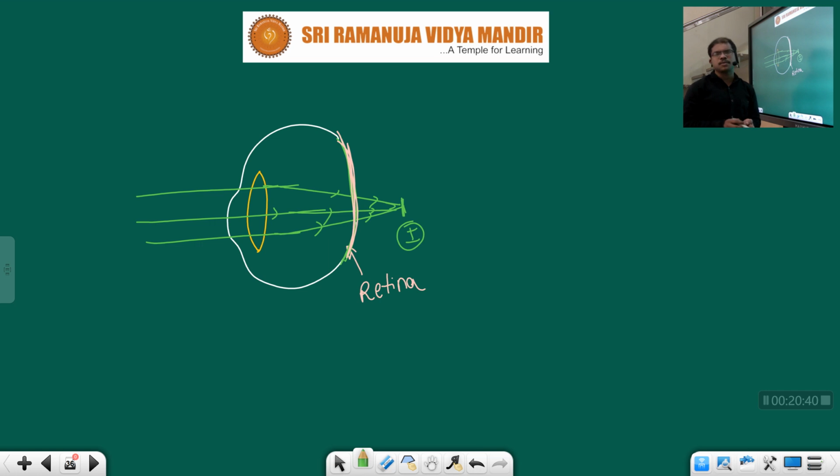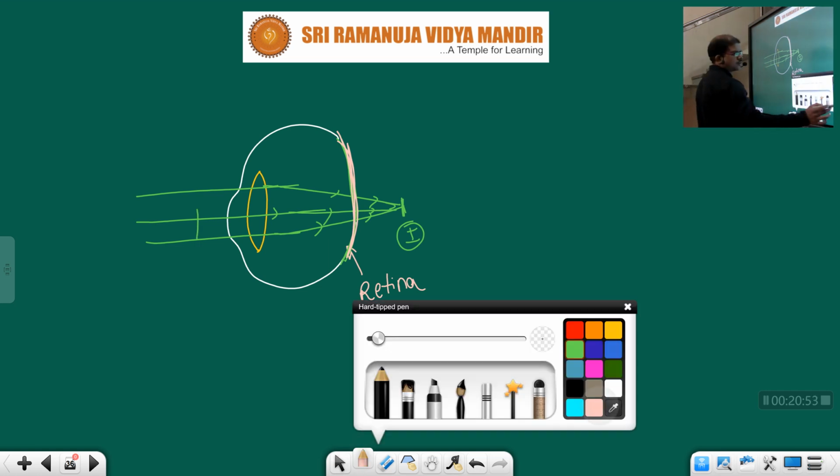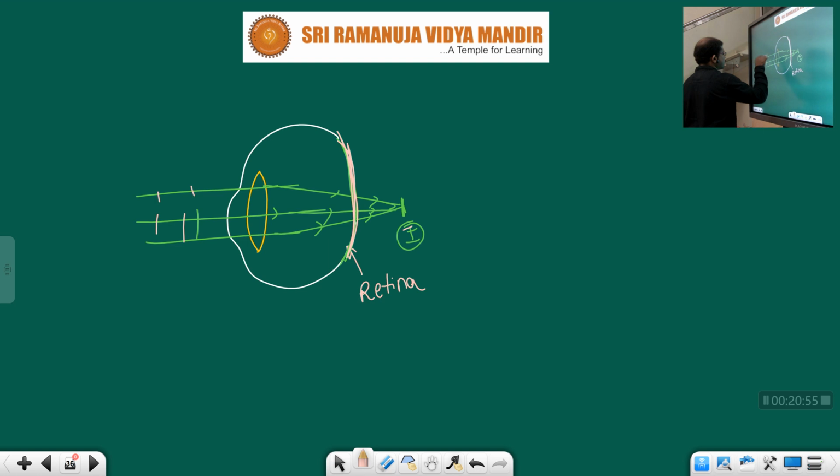So it can't be captured by the retina. So due to this condition, objects which are near to us appear blur. If the objects were kept somewhere here, how will they appear, children? Near objects become blur.